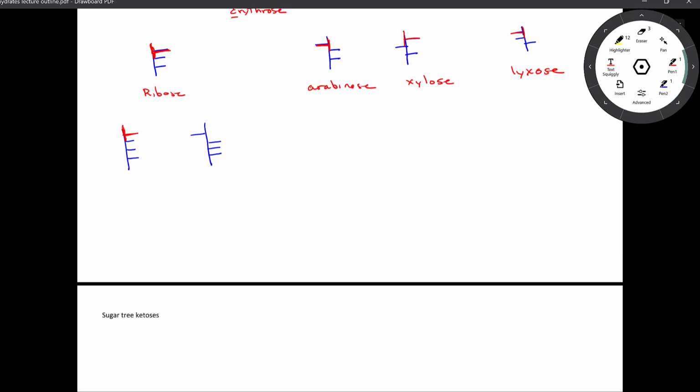And what I've added is this here. And then I'm going to do arabinose. So I'm going to go like this. And what I've added again is this. I'm going to go a little bit faster, and maybe you could pause and go ahead and do the remaining and then see where we compare.